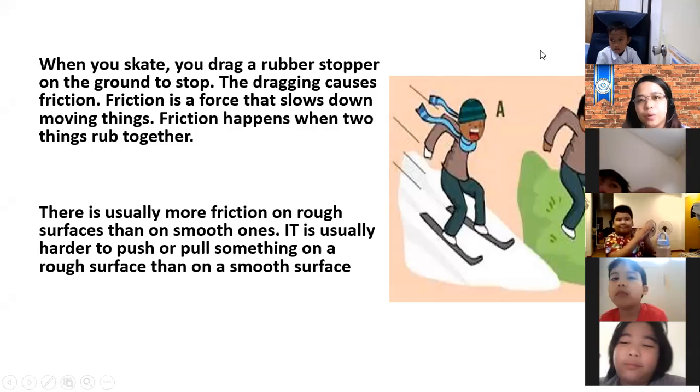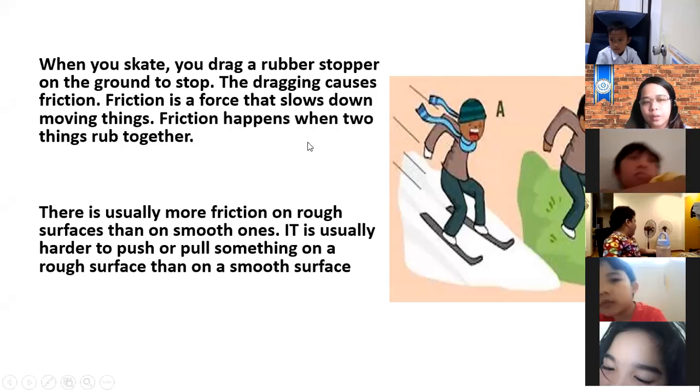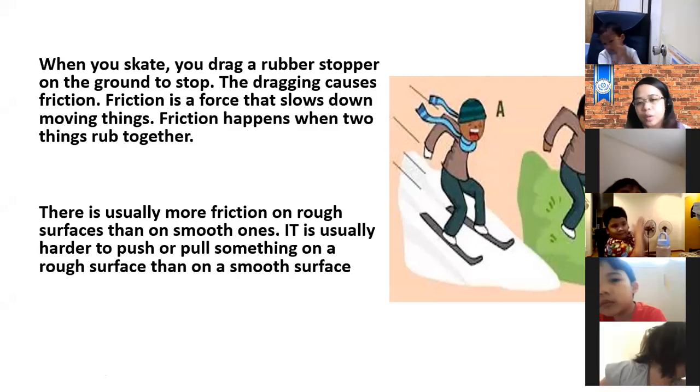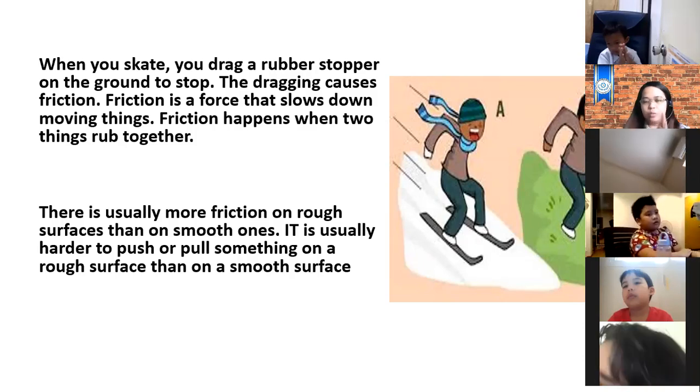Friction is a force that occurs when two things are rubbed together. For example, when it's cold and you want to warm yourself, just rub your two hands together and it will make heat due to friction.